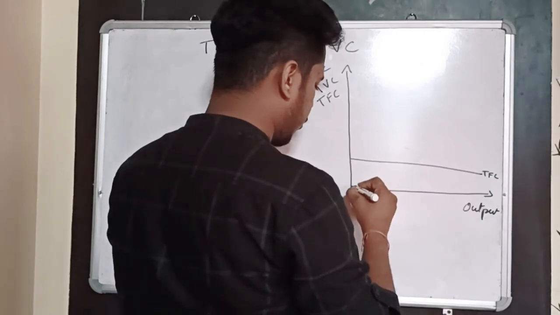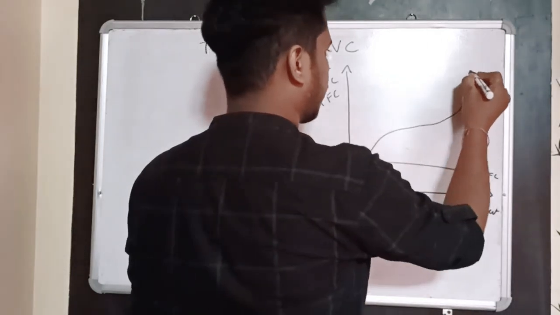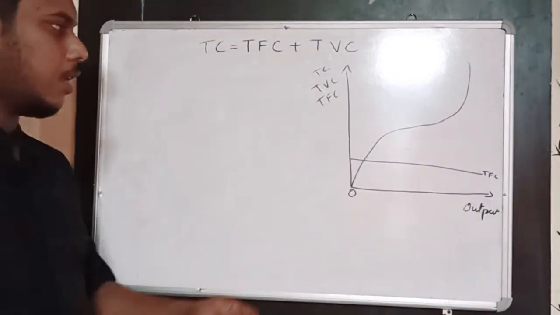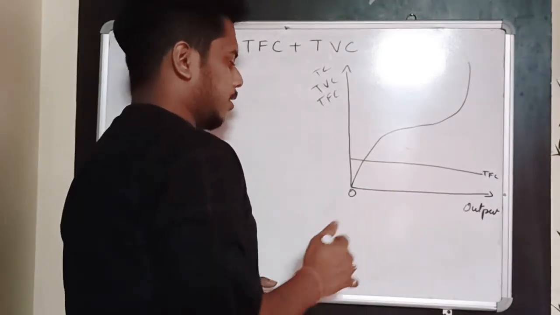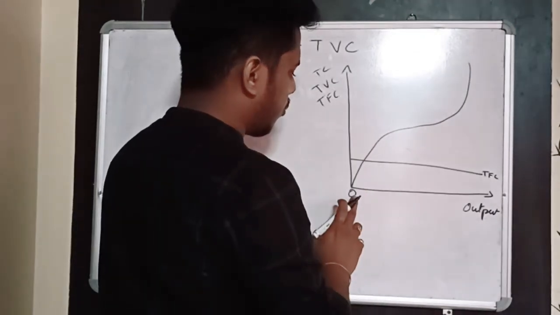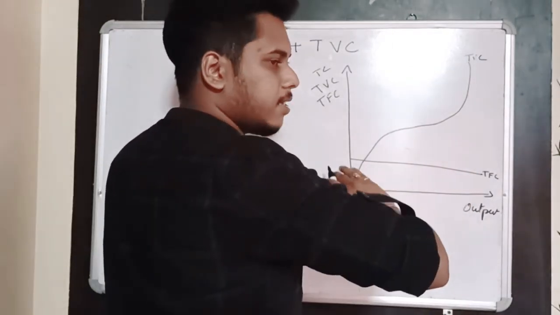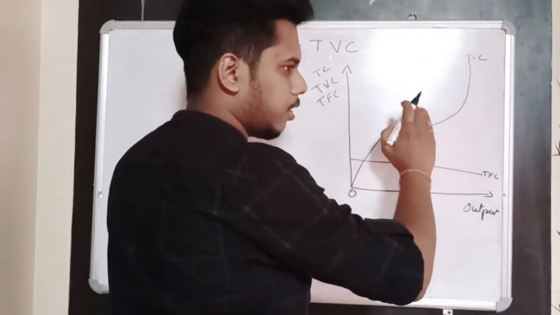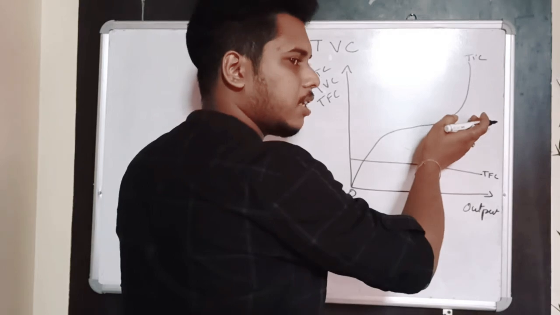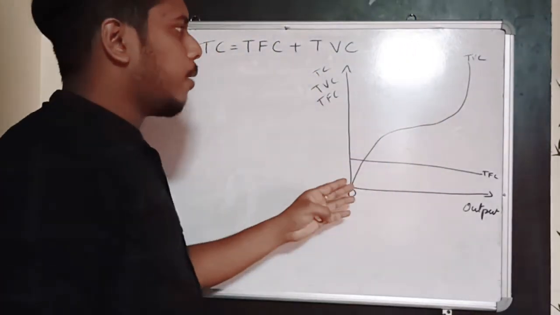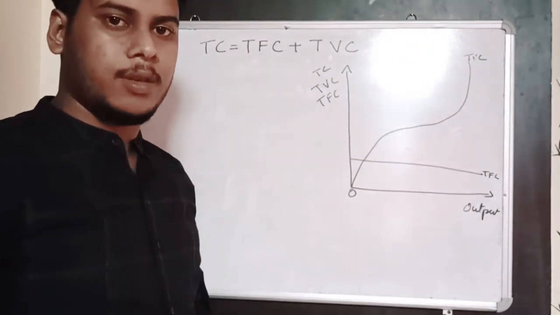So the total variable cost starts from this point and takes the shape of an inverted S. The reverse S. So first of all, the total variable cost curve increases at a decreasing rate, then it increases at a constant rate, or it becomes constant for a range of output, and then it increases at an increasing rate. The shape of this inverted S total variable cost curve is due to law of variable proportion.